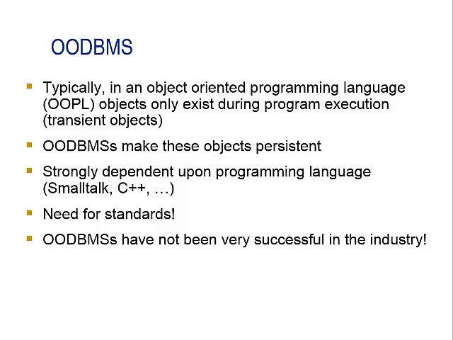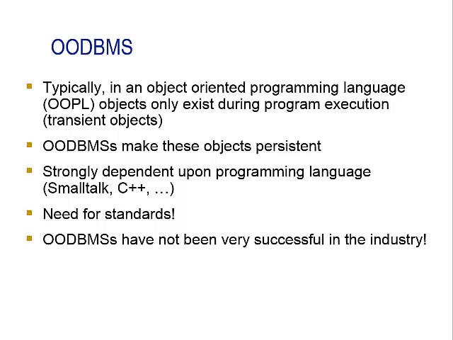Two popular examples of object-oriented DBMSs are Gemstone and ObjectDB. The latter, ObjectDB, is an open source OODBMS, by the way. Obviously, this is strongly dependent upon the programming language. So standards would come in handy here to standardize the way objects can be made persistent.